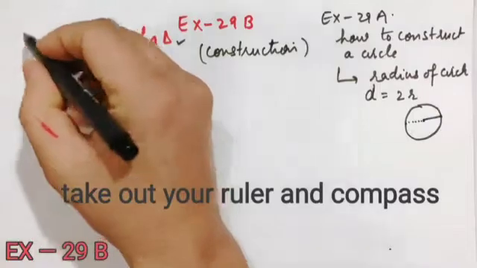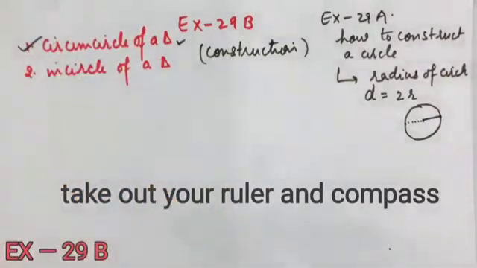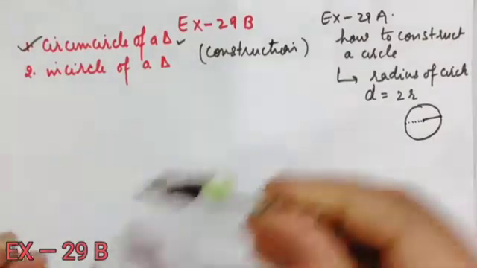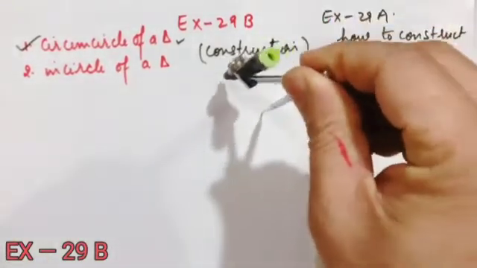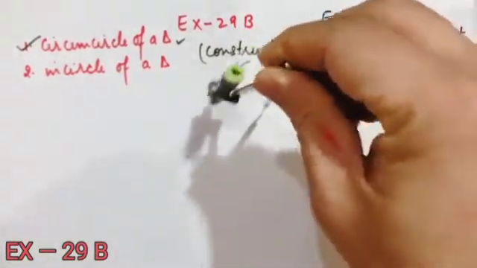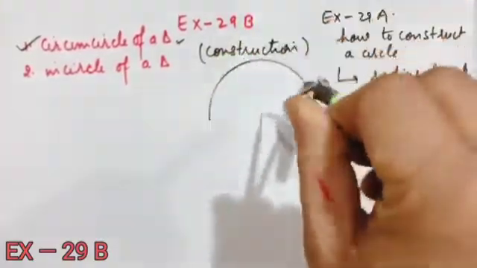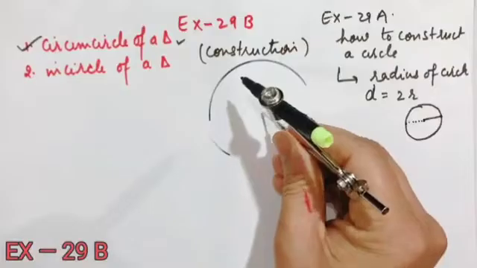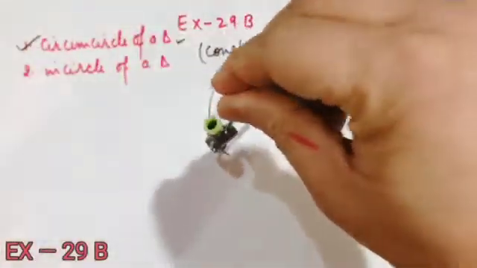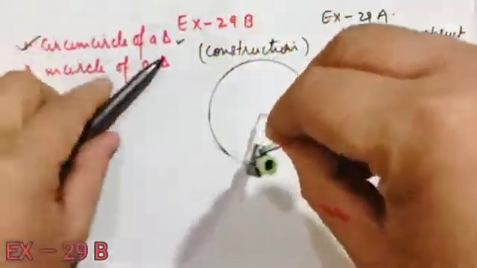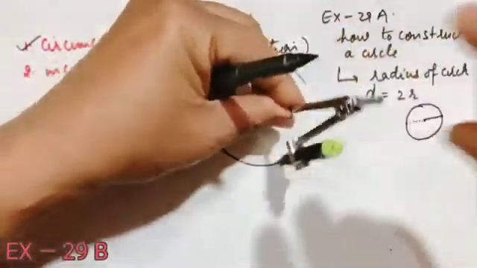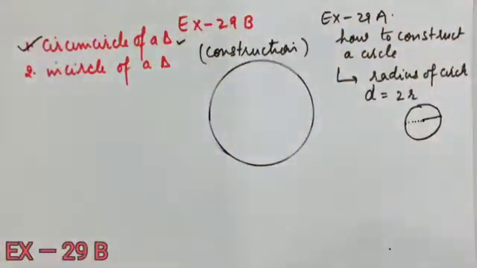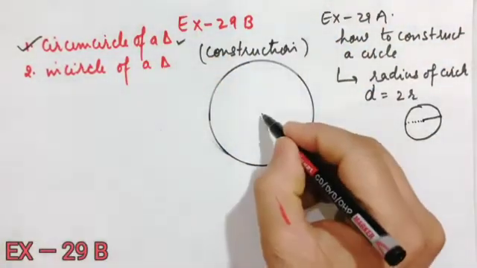Circumcircle. So we shall deal with number 1. If there is any circle, for example if this is a circle, this is the center.